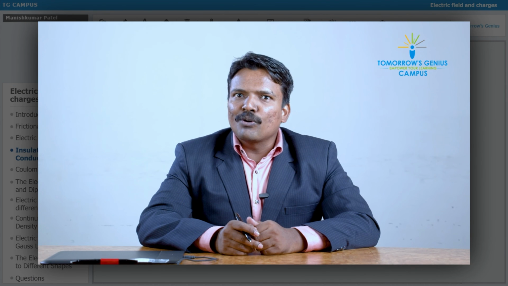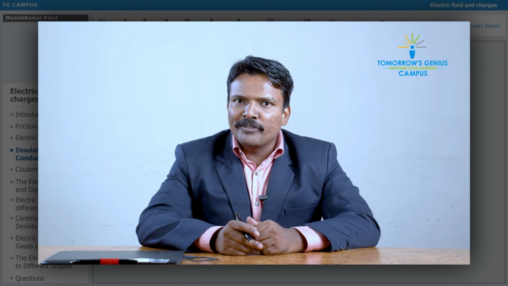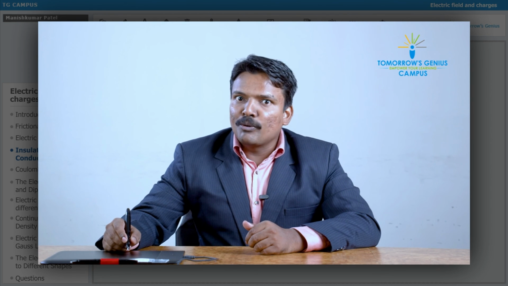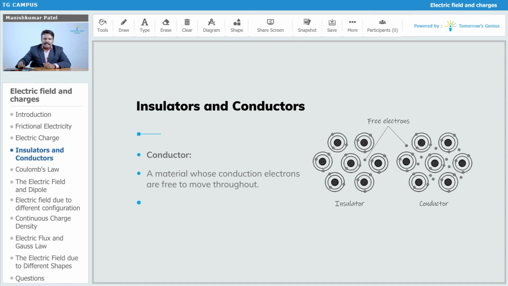Now we will focus on conductor and insulator. What is the exact difference between a conductor and an insulator? If you consider the atomic structure of a conductor, for example sodium, its distribution is 2, 8, 1. That means in its outermost shell there is only one electron. This electron is loosely bound to the nucleus.